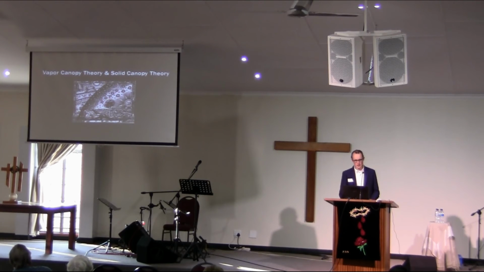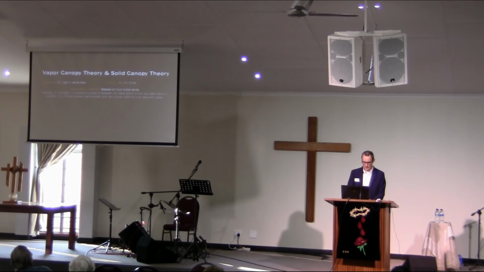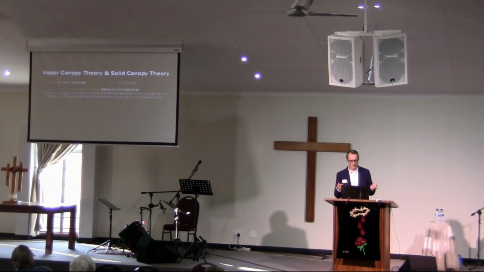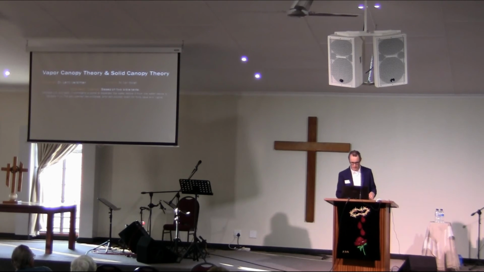Okay, the next is a very small model, based on 2 Bible texts. God said, "I command a dome to separate the water above it from the water below it during creation." And then it says later, during the flood, the sky opened like windows and rain poured down for 40 days and 40 nights.